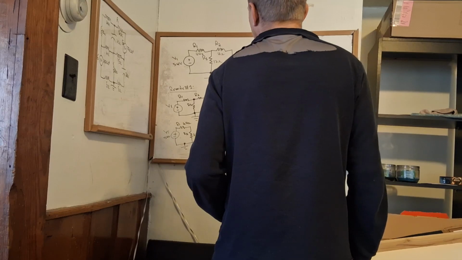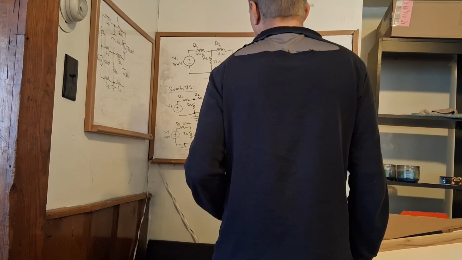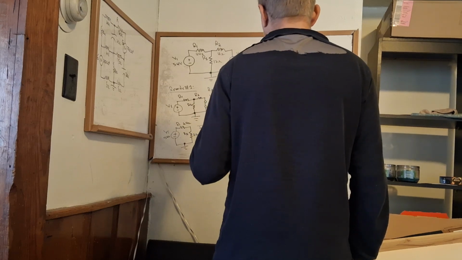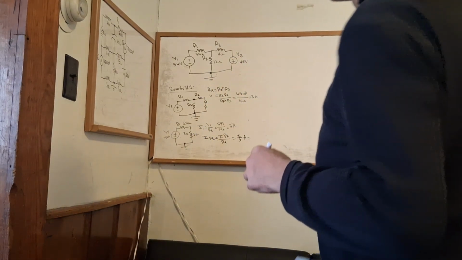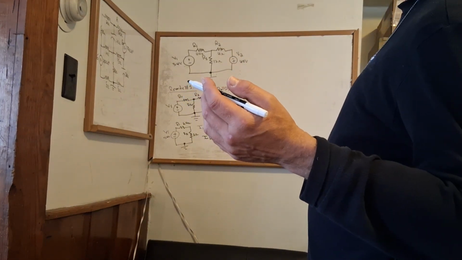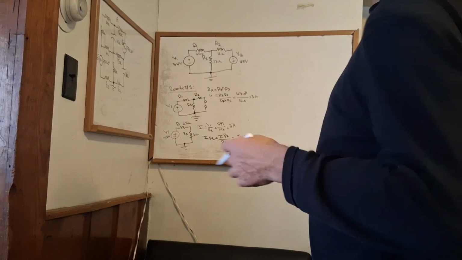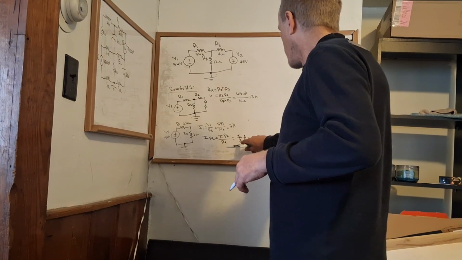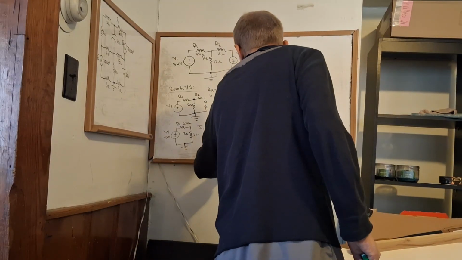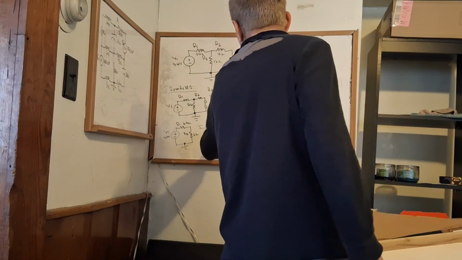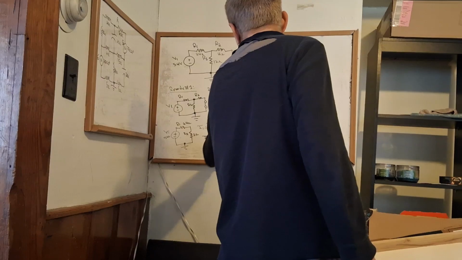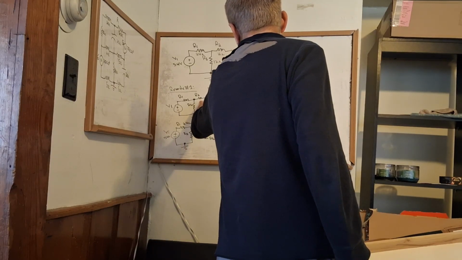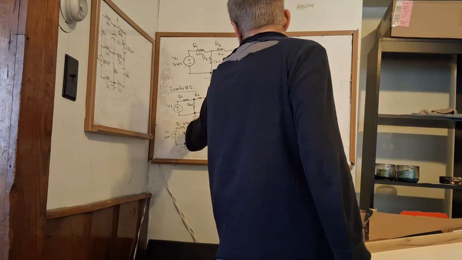R sub 2 is 4 ohms. Oh, 4/3. 4/3 is roughly 1.2 or something like that. I1 is 2 amps. We're multiplying that by R sub 2 to get 8 divided by the R sub B.